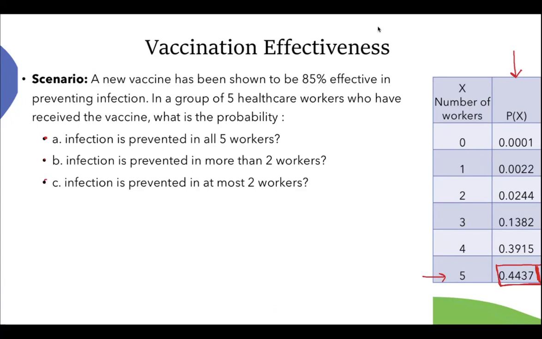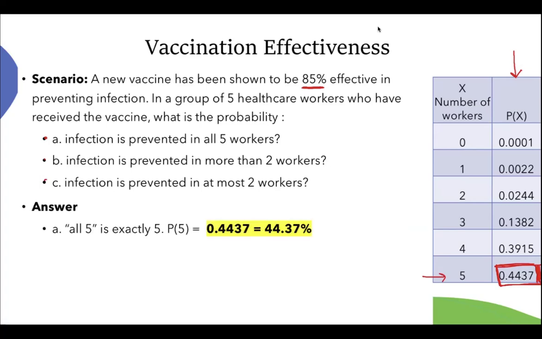The reason is that it's an 85% effective vaccine. That's why we see this so much bigger than in the previous example, where for all 6 the probability came out to be about 11%. Here it's about 44%, 44.37%.